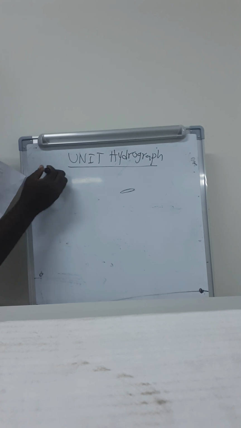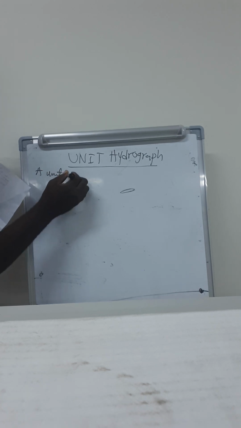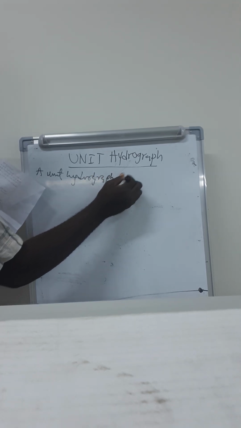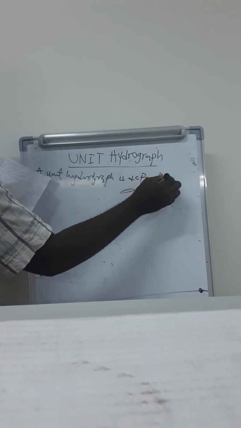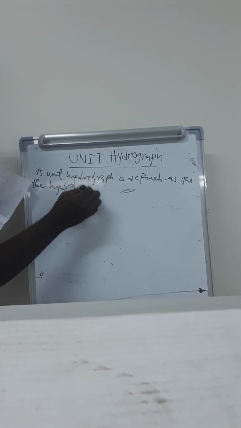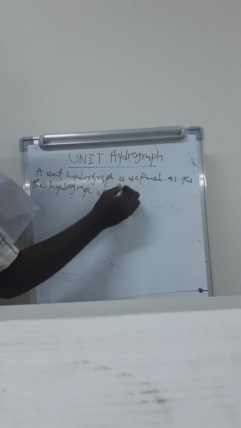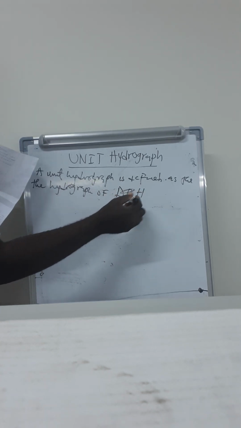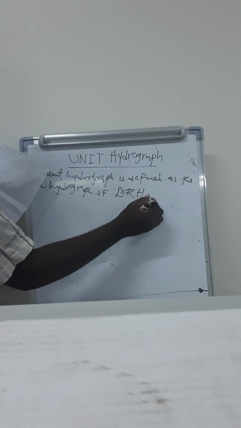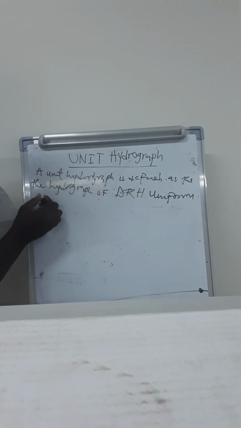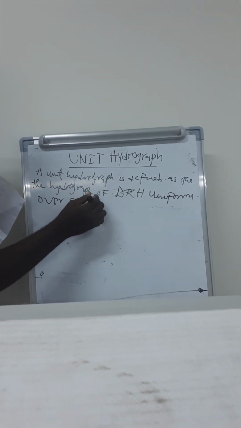A unit hydrograph is defined as the hydrograph of a DRH, that is direct runoff hydrograph, of uniformly over a basin.